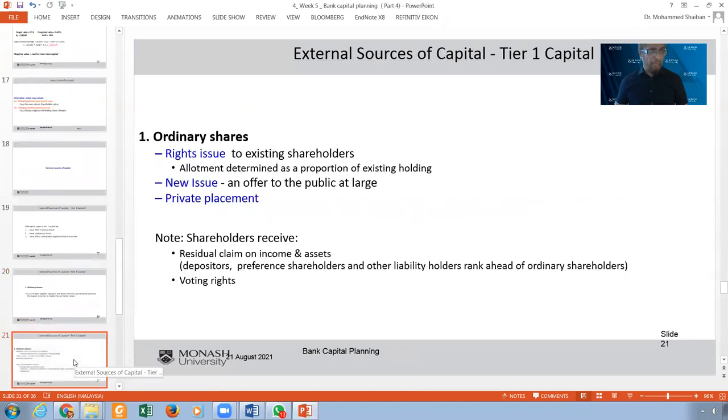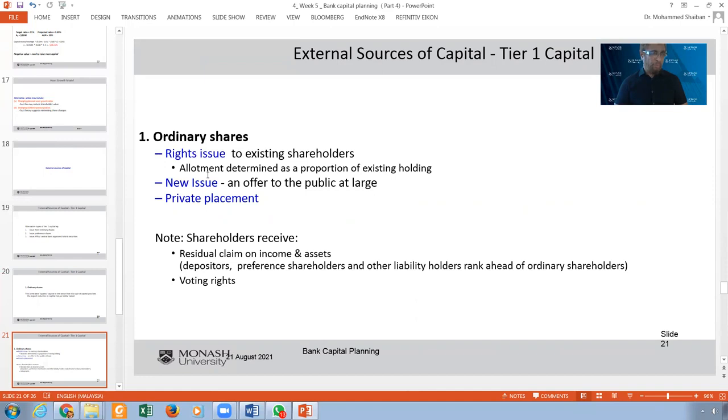Ordinary shares can be raised through rights issues, where we tell our current shareholders that I'm issuing, for example, 100,000 new shares, and I will make a proportion of the new ones and sell it only to my shareholders.